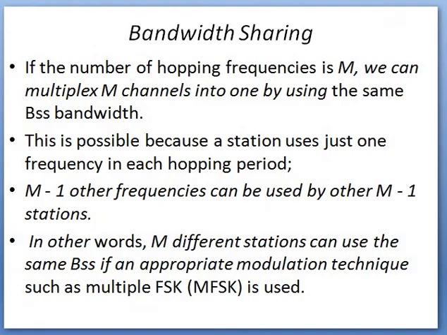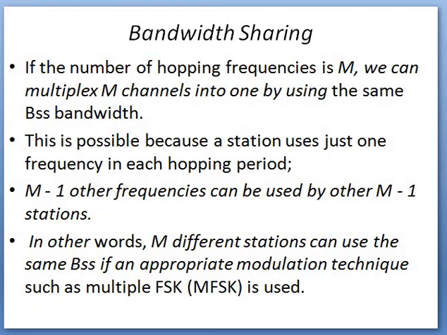The next point is bandwidth sharing: how bandwidth is shared in frequency hopping spread spectrum. If the number of hopping frequencies is M, then we can multiplex M channels into one by using the same B_SS bandwidth. This is possible because the station uses just one frequency in each hopping period.